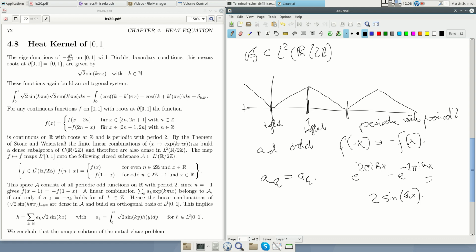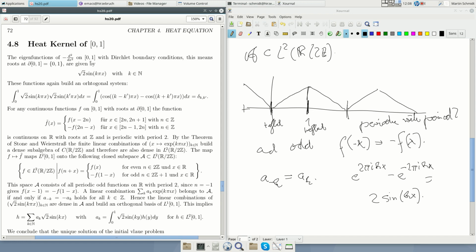Okay, so for this reason, these functions form the linear combinations of these functions. They form a closed subspace here. They form a dense subspace. They are dense in this space.